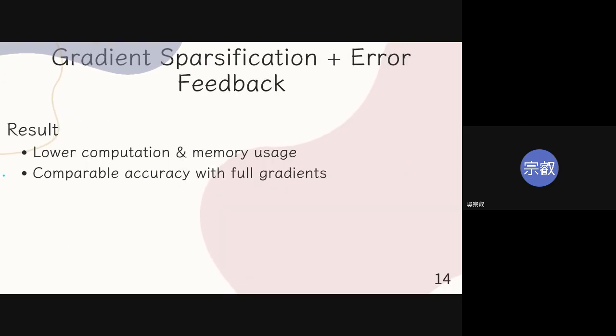And the result: one of the most insightful parts of this project was visualizing how different optimizers behave on the loss surface. And we can have lower computation and memory usage, or we have to wait for a long time and get the wrong results and waste a lot of time.